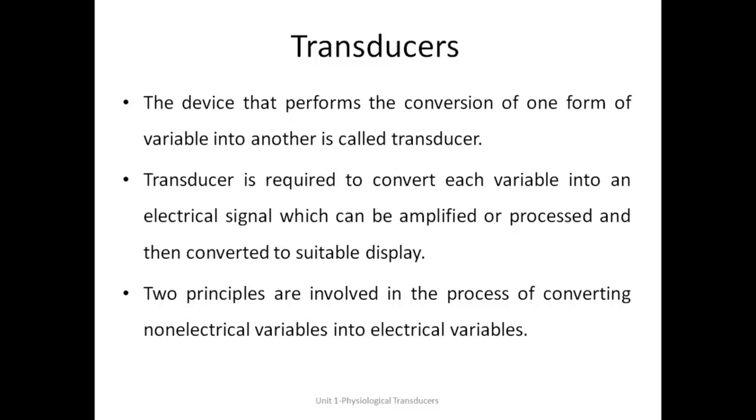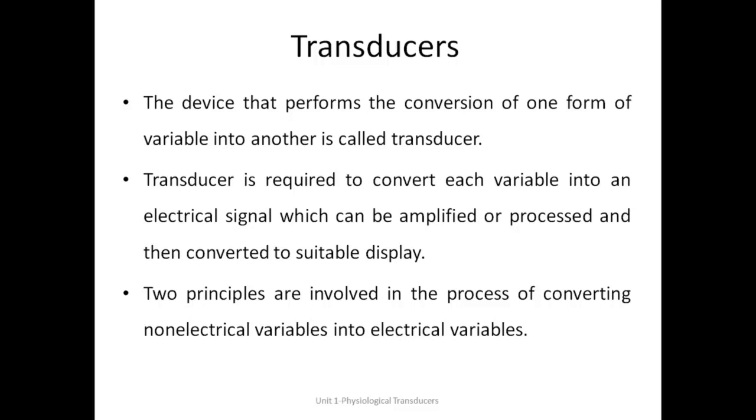So the change in the type of energy is produced by a device called a transducer. Now, a transducer is required to convert each variable into an electrical signal, which can be amplified or processed and then converted to a suitable display.